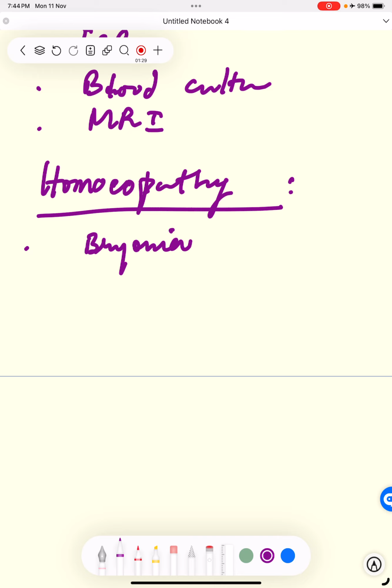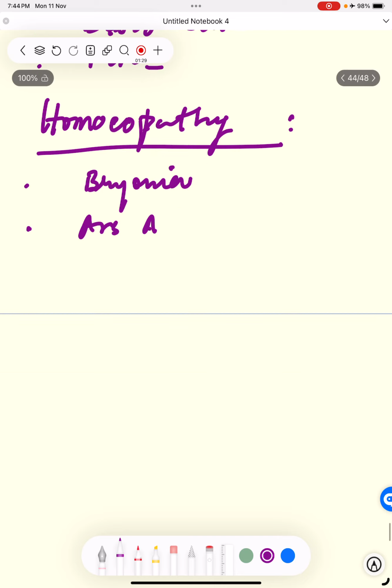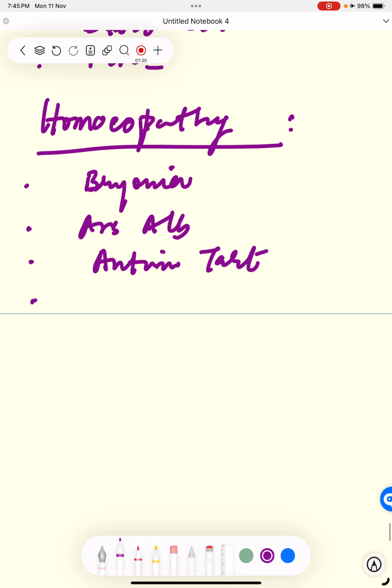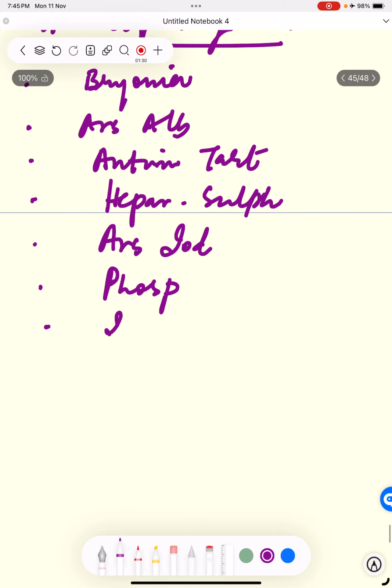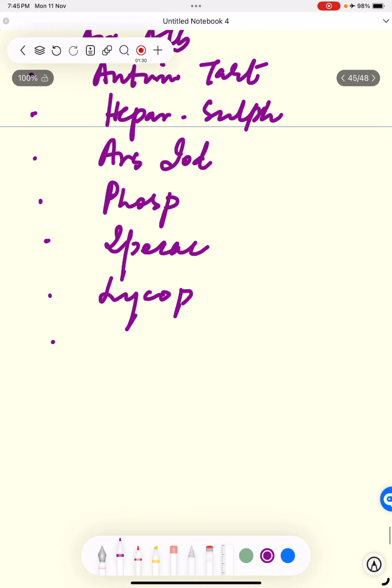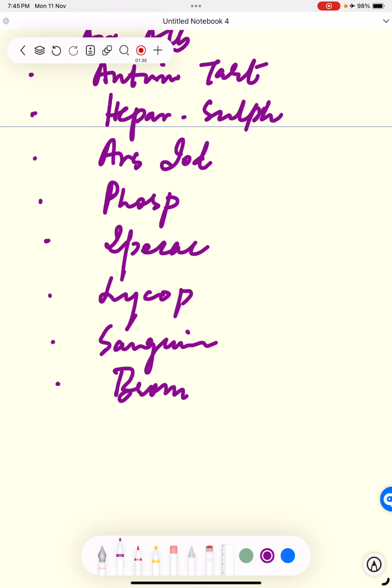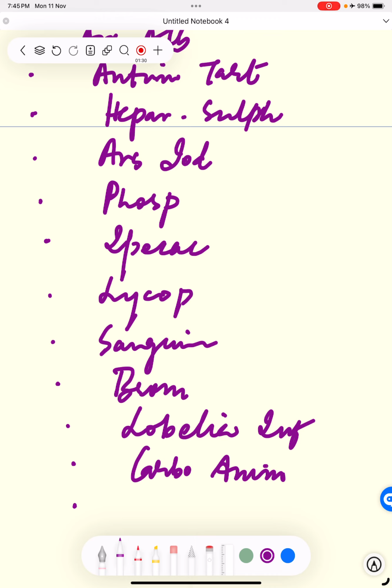So starting with the first remedy, which is bryonia, we can think of arsenic alb, antimonium tartaricum, hepar sulf, arsenic iode, phosphorus, ipecac, lycopodium, sanguinaria, bromium, lobelia, carbo animalis, and last blata.